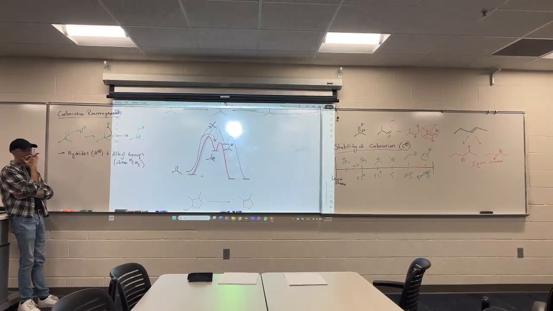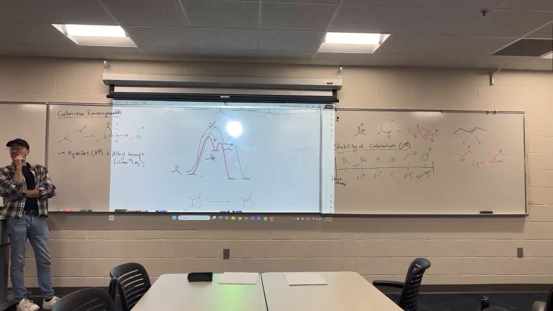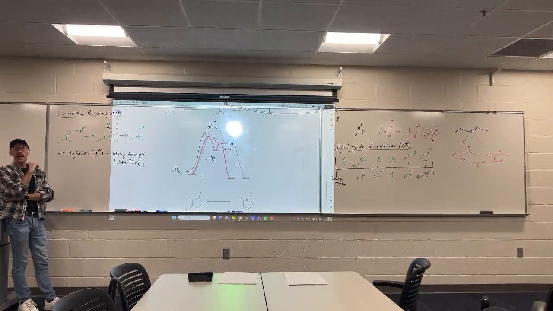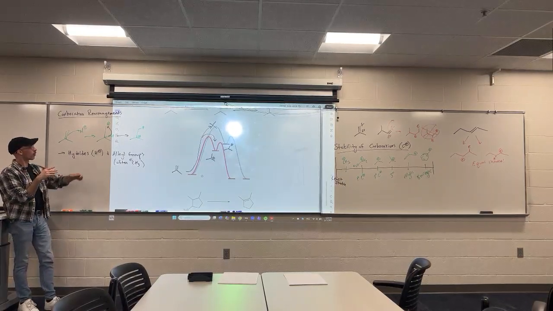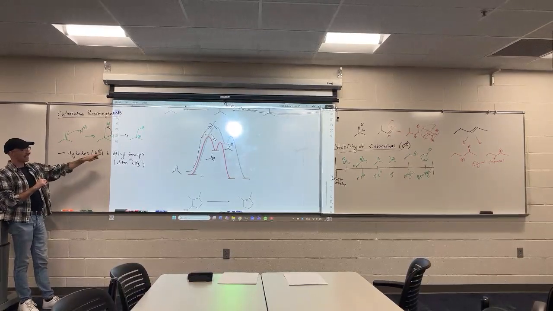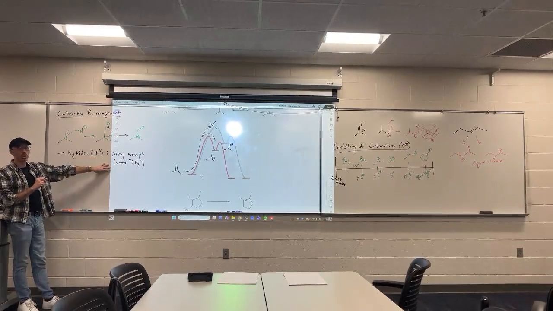So here's what we'll say. Hydrides, you guys know the suffix IDE indicates a negative charge. So hydride is indicating H minus. That's hydrogen with a lone pair, or hydrogen with a bonding pair. Hydride and alkyl groups, we're often going to look at methyl, CH3 minus.